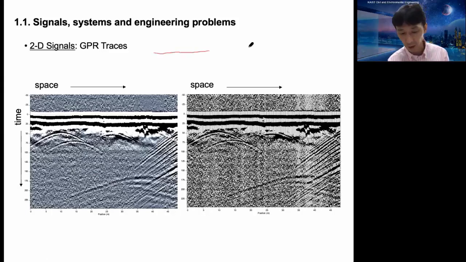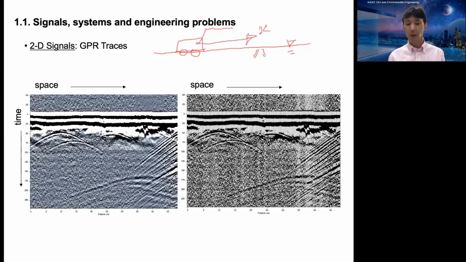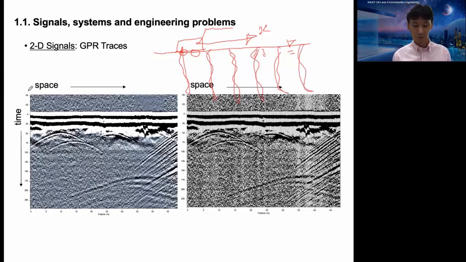So if you have a ground surface with water saturation, and you're towing a GPR machine in this direction, and let's say this is the x-axis, along this x-axis you're acquiring the signal over some distance, and it will give you this kind of an image as a 2D signal.